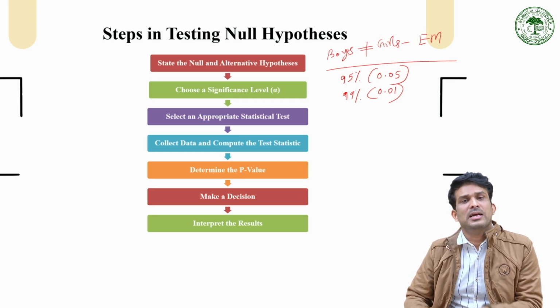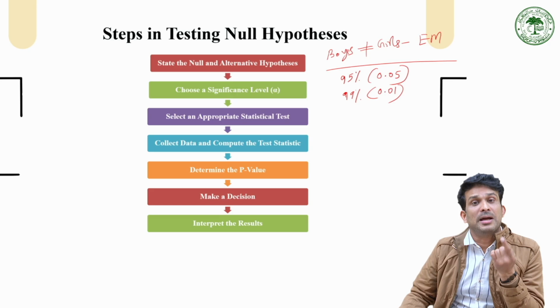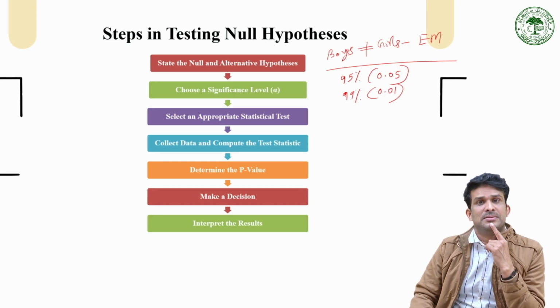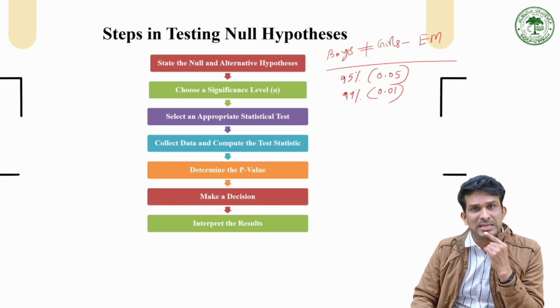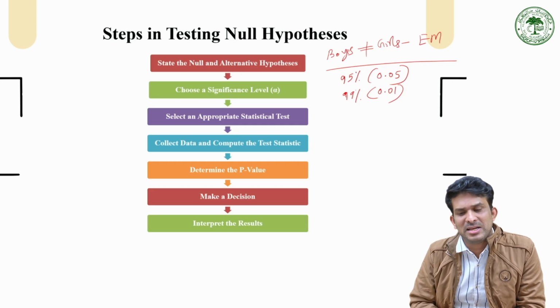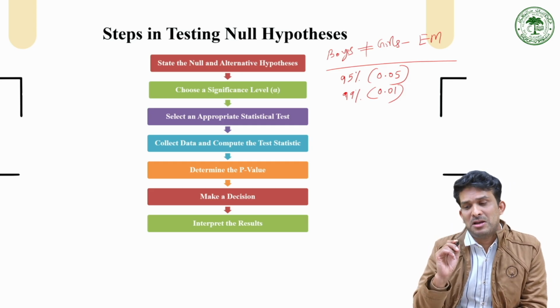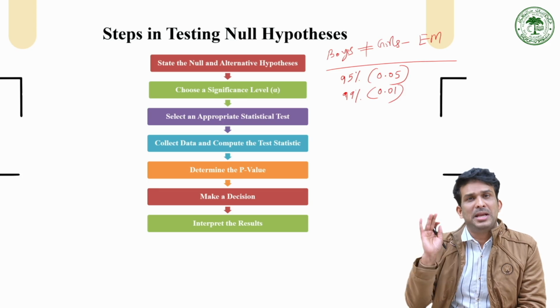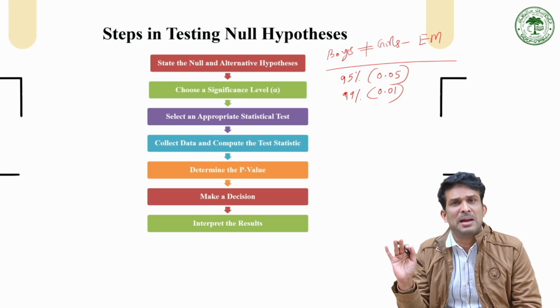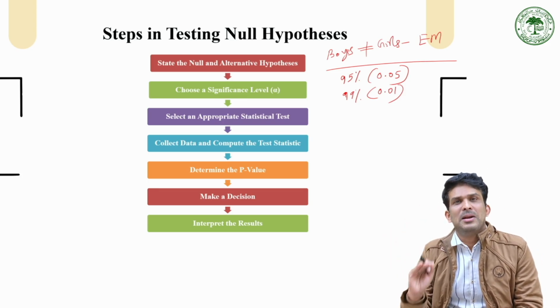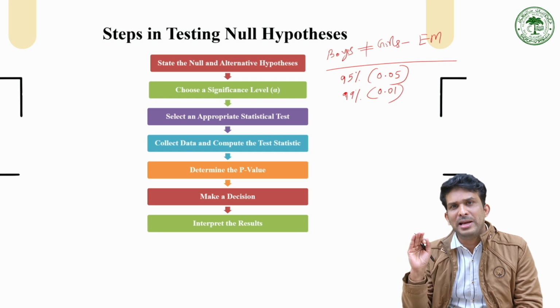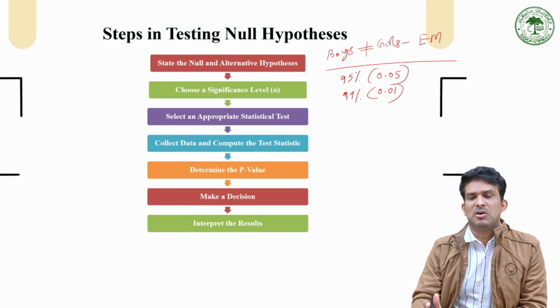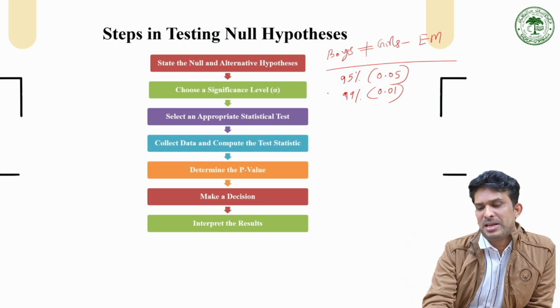The third thing is to select an appropriate statistical test. What is the statistical test for comparing boys and girls? Suppose it is a large sample, and sampling is properly done using a probability sampling method. If the sample number is high and normality is ensured, we can go for the independent sample t-test.